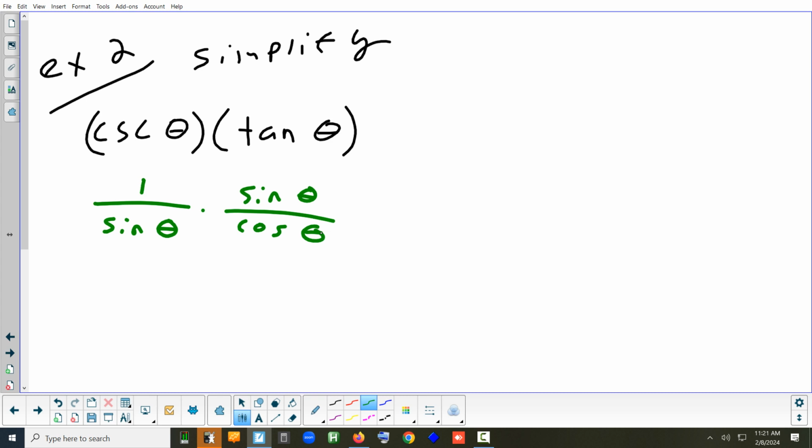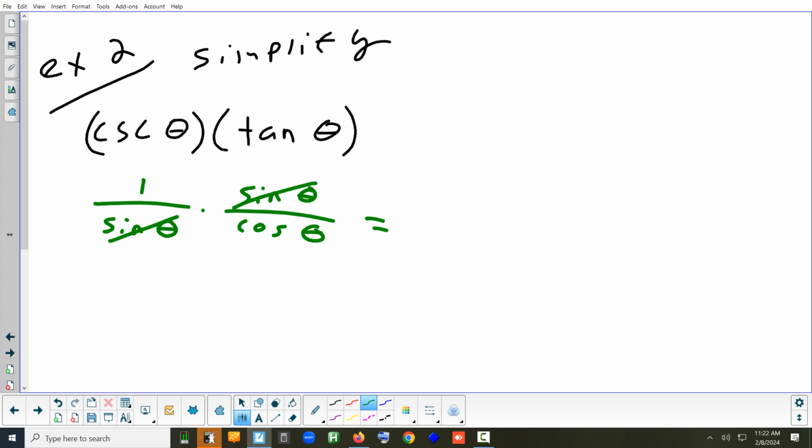Yep. Sine cancels. Sine cancels, because you're multiplying. If you made that a plus sign, which it's not, but if it was, you can't cancel sine in the top and the bottom. You cannot cancel across a plus or a minus sign. You can only cancel across a multiplication sign. So those do cancel, and you're left with 1 over cosine, which is what? Yep.